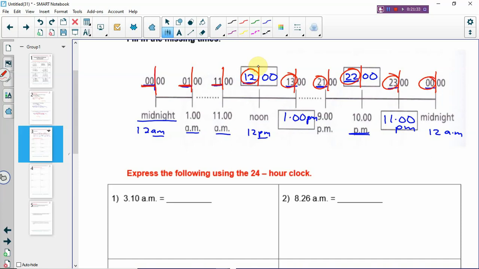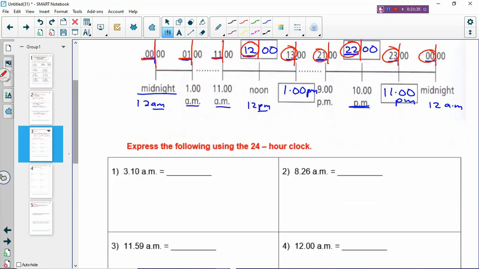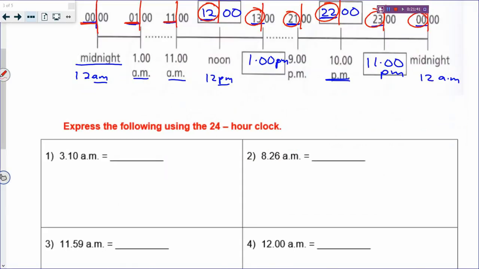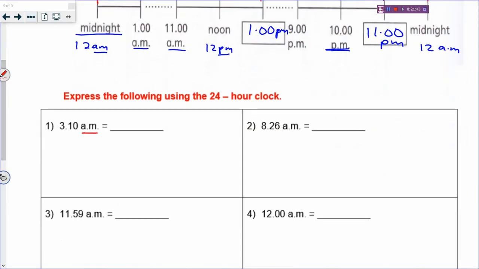Now let's go to how we convert the 12-hour clock into 24-hour clock. It's very easy. Look at 3:10 AM, a 12-hour clock.